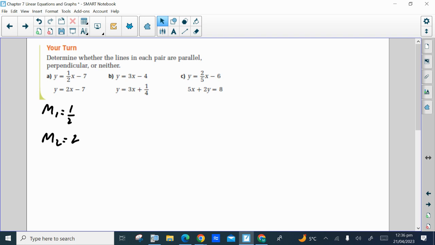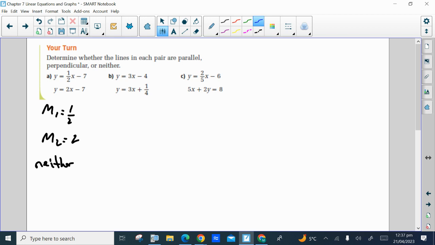That's right. They're not negative reciprocals because not only do they have to flip over, which that part happened, but the sign must also change. These two lines will intersect, but not at 90 degrees. This would be a neither scenario. They're not parallel, they're not perpendicular. Again, this means that they will cross somewhere, but not at 90 degrees.